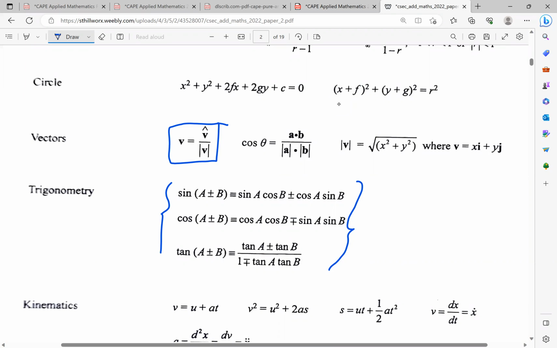Isn't the circle equation wrong as well? Isn't it minus? They give you a different circle equation, just to tie up your head. The one you know is x minus a squared plus y minus b squared is r squared, yeah? And they give you how to find that. So with vectors, please just do one vector question. Make sure you know when to use the formula.